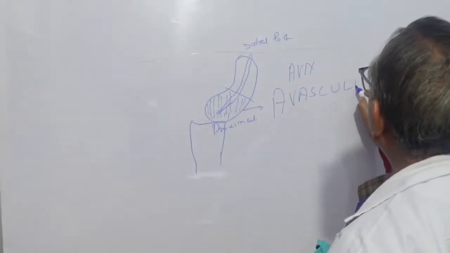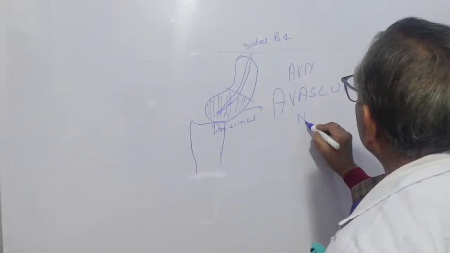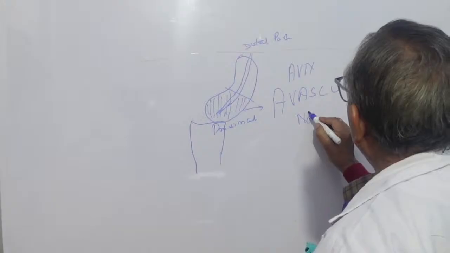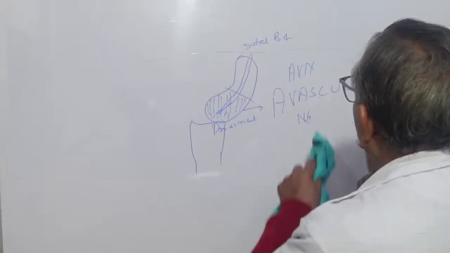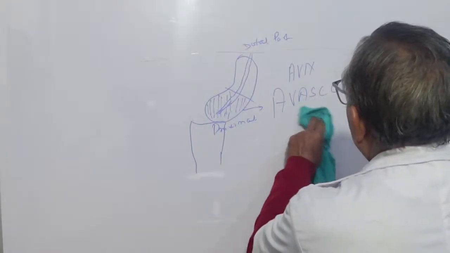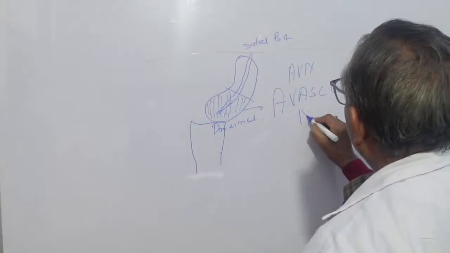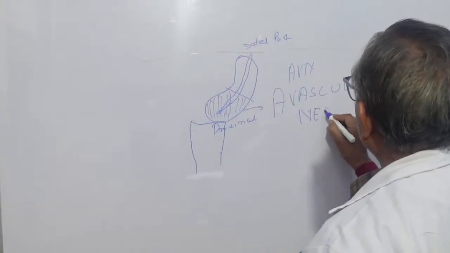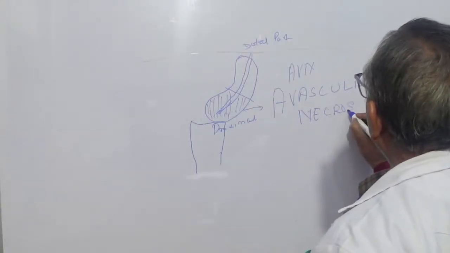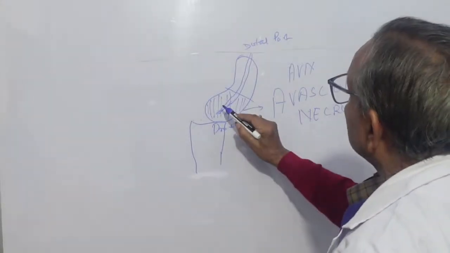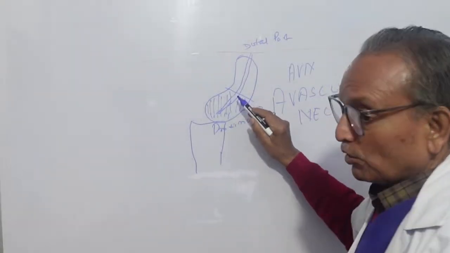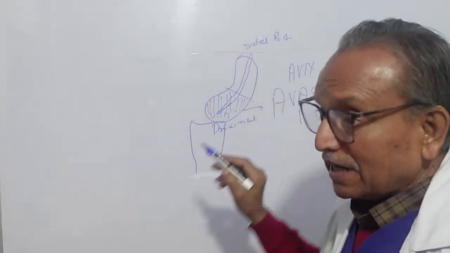Avascular necrosis means this bone may die. Therefore, this is a very dangerous fracture.